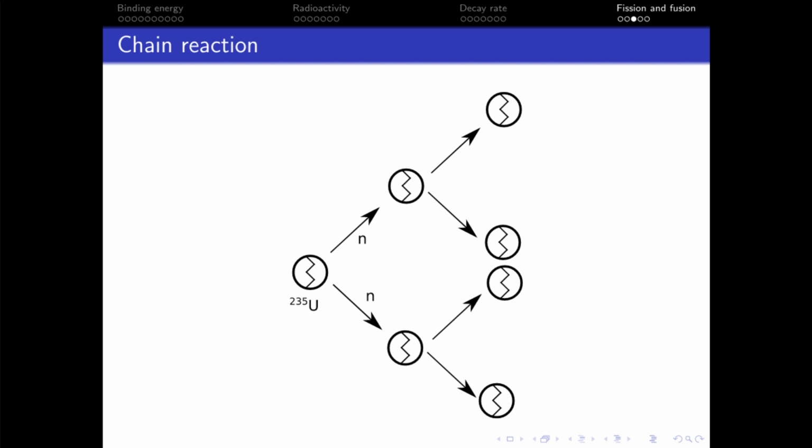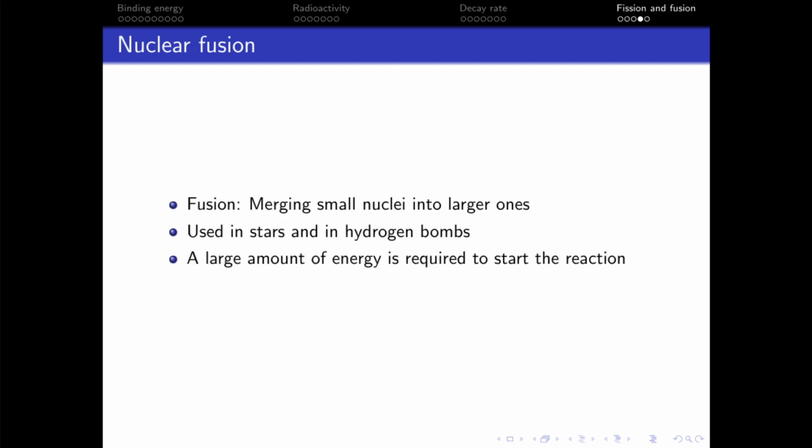So fission is the main type of nuclear reaction that we do here on Earth. There is also fusion, which is the inverse. Instead of starting off with heavy nuclei and breaking them into smaller parts, we start with light nuclei and merge them together into larger ones. First off, it is the process that goes on inside of stars.